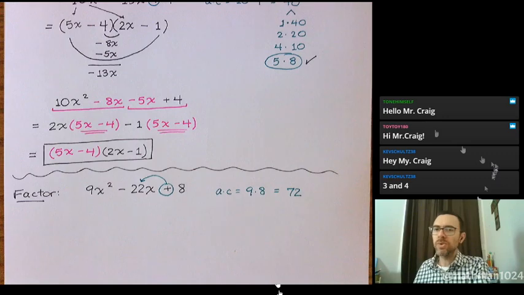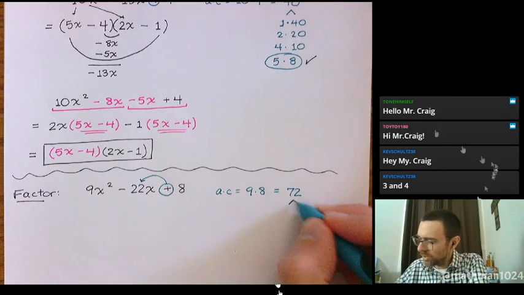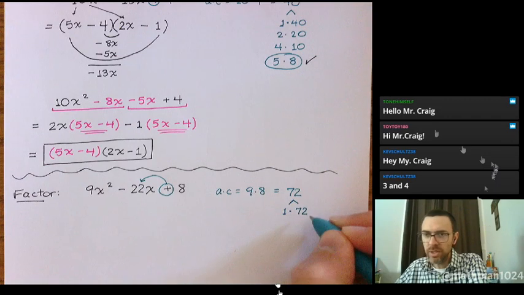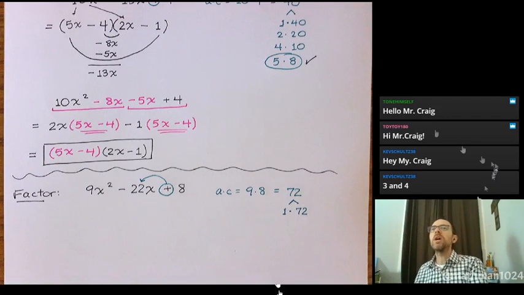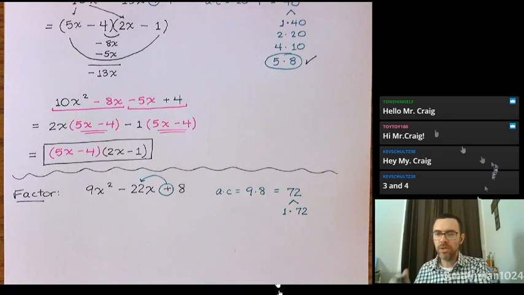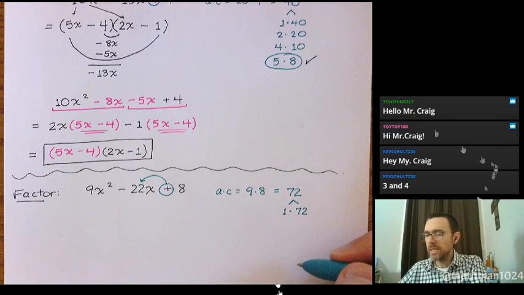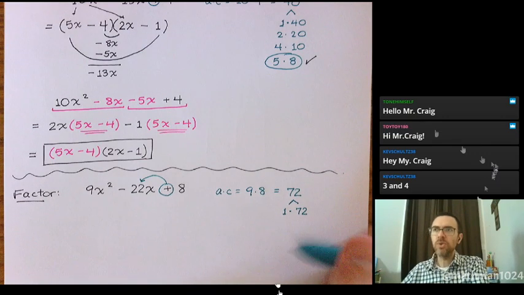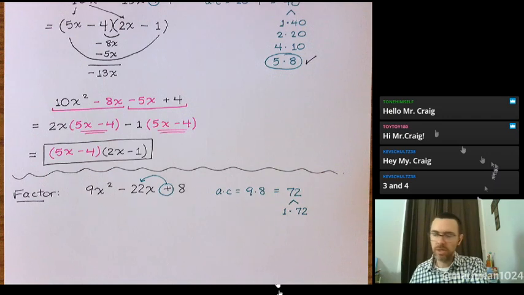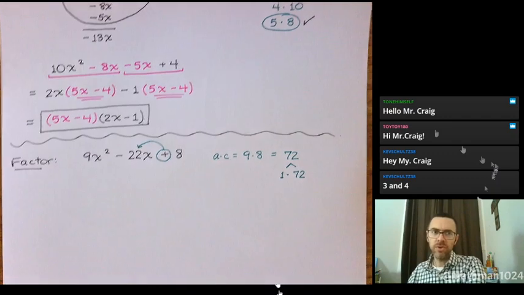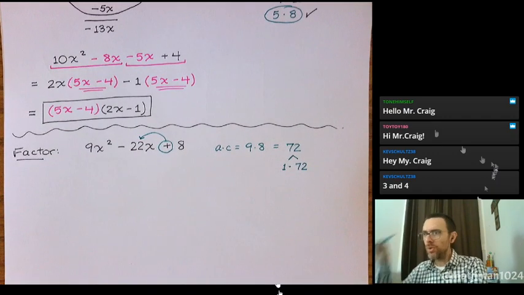Now, if 72 is one of those numbers that you're not that comfortable with, you're going to make a list, and you're going to list all of your factors. Even if you get to the combination that ends up working out for you, the combination of numbers that will add to 22, I still want you to be in the habit of listing all of the factor pairs, because when you do that, when you see 72 again, you're going to know those factor pairs even better. That way you don't have to keep doing math over and over, you just know what it is. You know those multiples, those factors in your head.